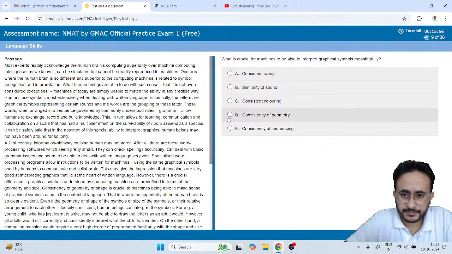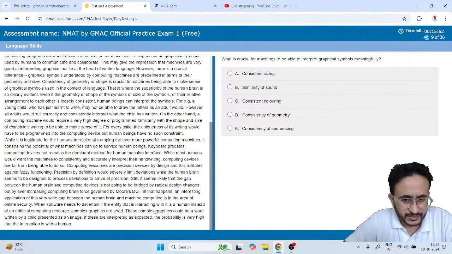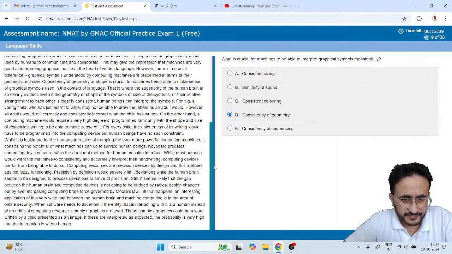Consistency of it is saying that could be a word, if these are interpreted, probability is high. Consistent sizing and consistency of geometry, it is saying in the last paragraph, it says about consistency of geometry.